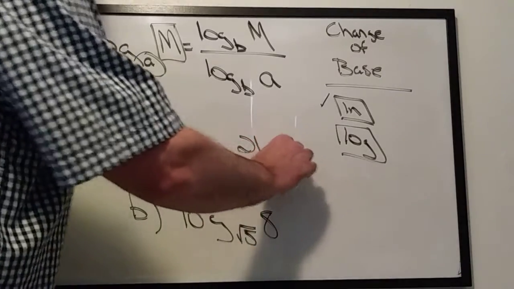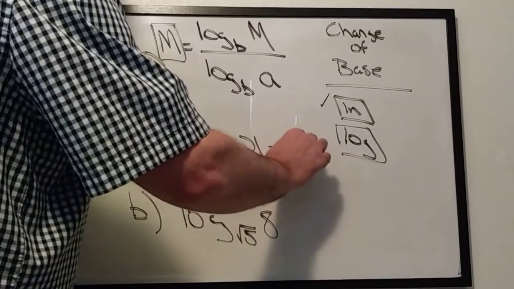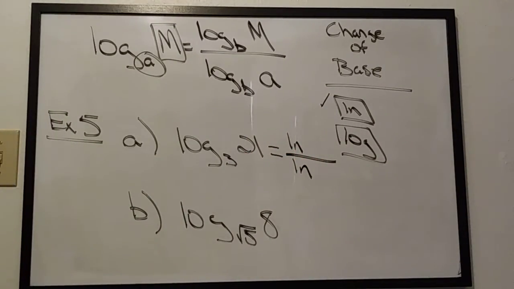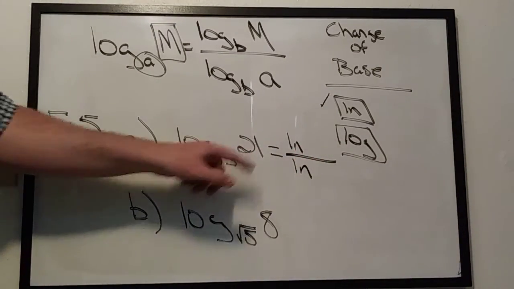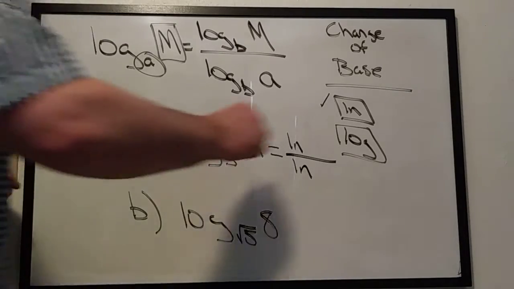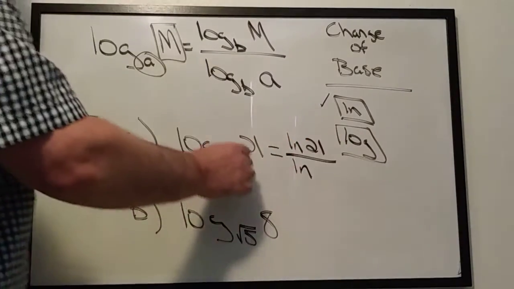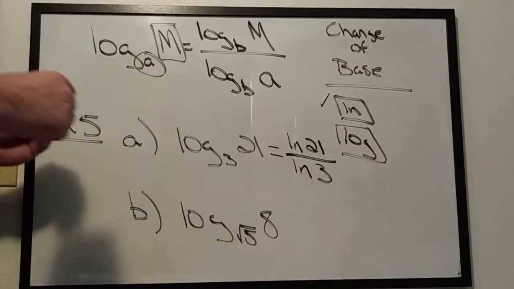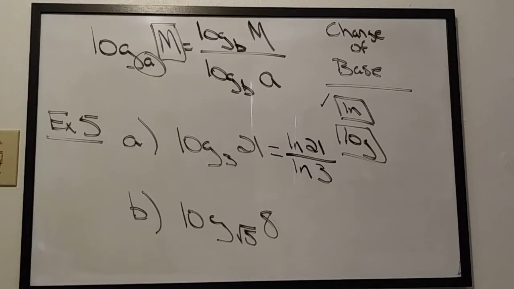Using the change of base formula, I remember that I can have natural log of something divided by natural log of something. Once again, the argument of the original log goes into the numerator, and the base of the original log goes into the denominator. So this is going to be the natural log of 21 divided by the natural log of 3.